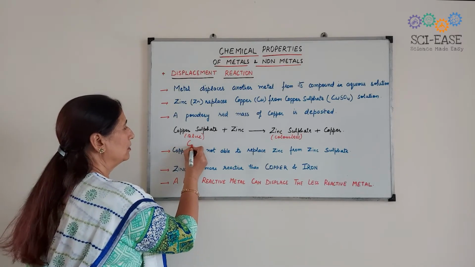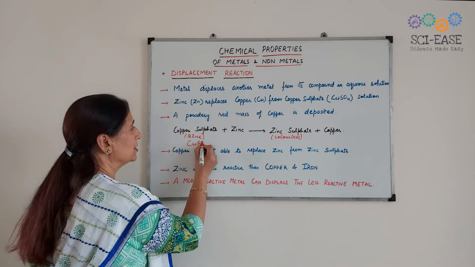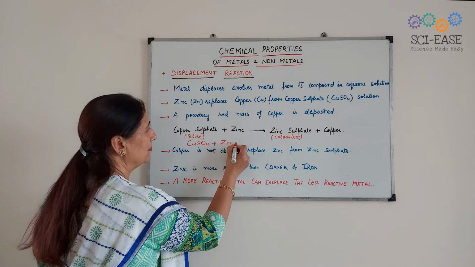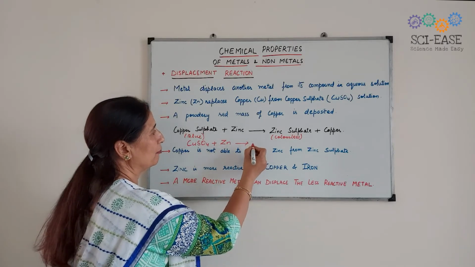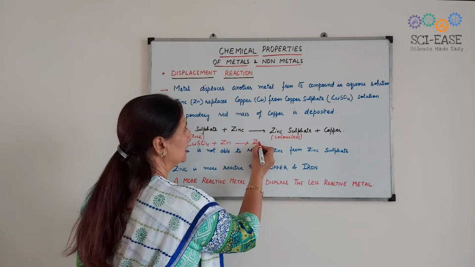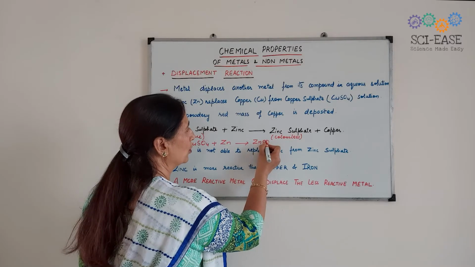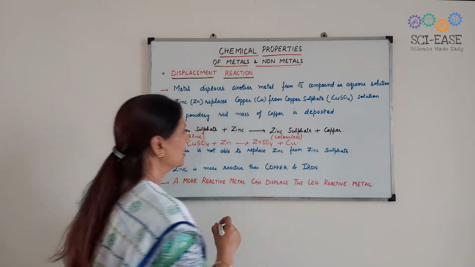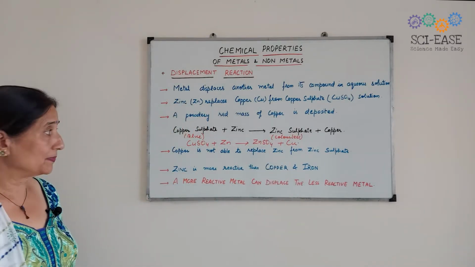So formula of copper sulfate, CuSO4, symbol of zinc, Zn. This will result in the formation of ZnSO4 plus copper. So this is the displacement reaction.